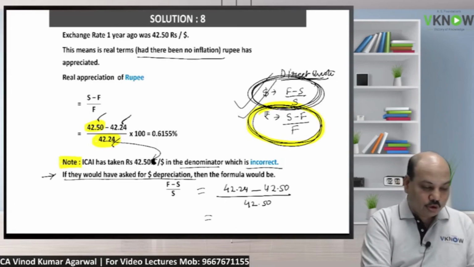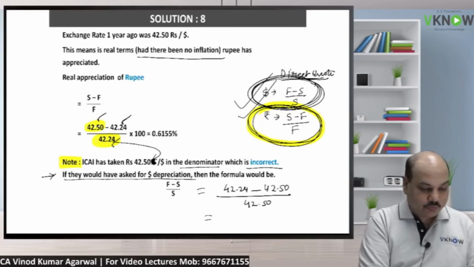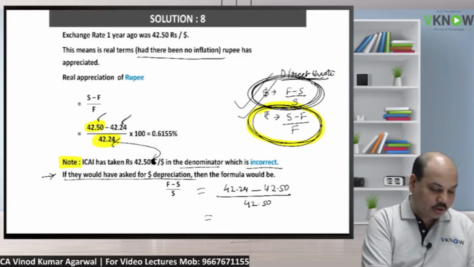If they ask for dollar depreciation, then this would be the answer. Approximately the same, but not 100% same, because of the base effect. The base number is different, and therefore your answer would also be different.